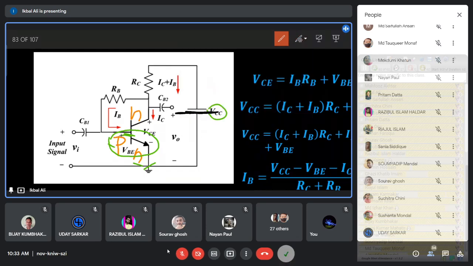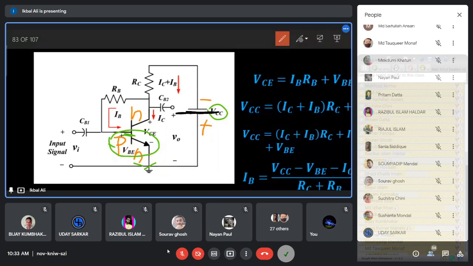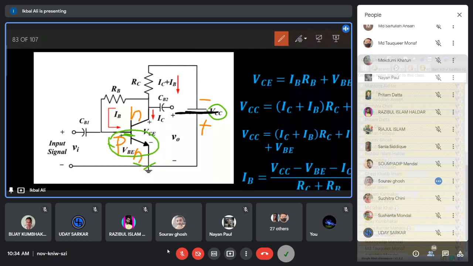So this is now negative and this is now positive. You have reversed the VCC supply. Now plus is connected to the N emitter. So what will happen to this PN junction? Will it be forward bias or reverse bias?